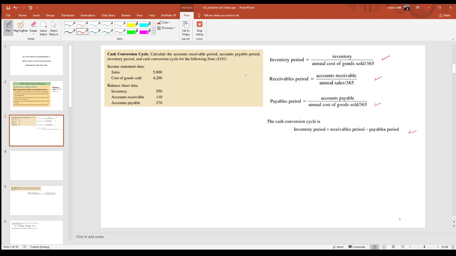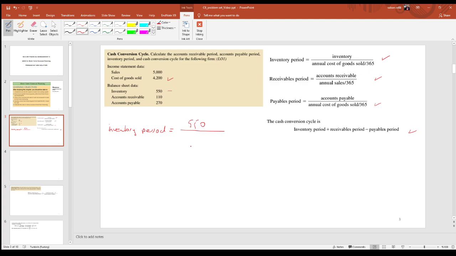For inventory period, we need to calculate the inventory period. This will be equal to inventory, here 550, divided by annual cost of goods sold.